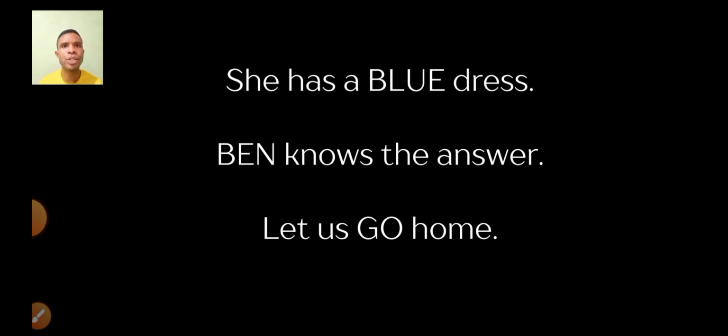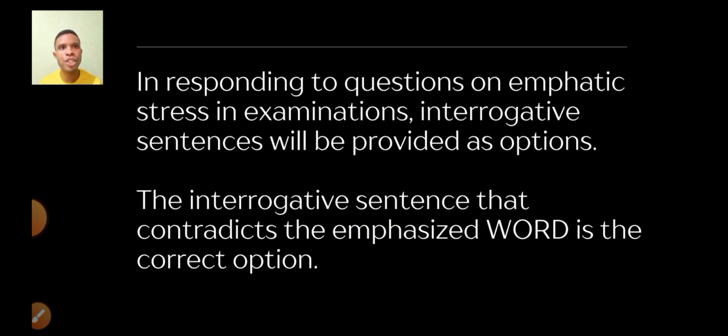Now in examinations, maybe you're writing any of the exams set by WAEC, NECO, or JAM. Any of these examinations, the use of English or the English language papers, you will be asked to answer questions on emphatic stress. Now, in responding to questions on emphatic stress in such examinations, interrogative sentences will be provided as options.